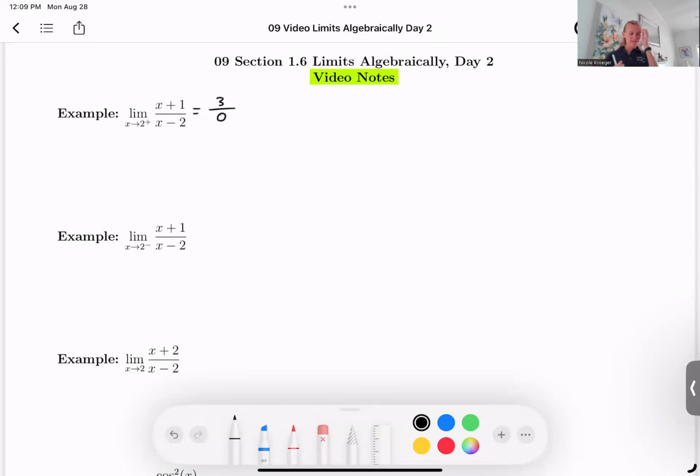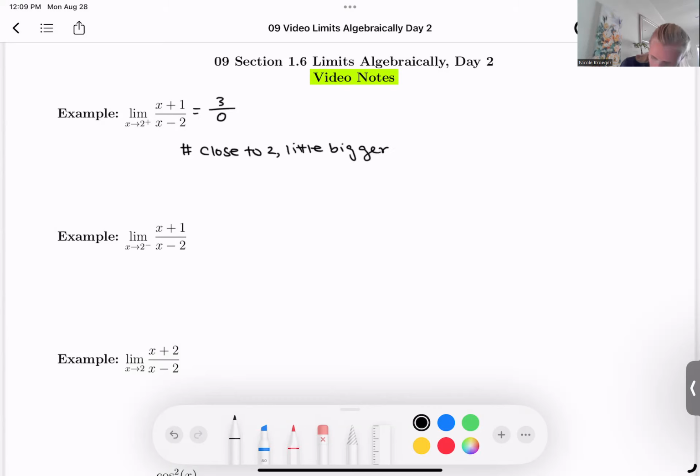So what we're going to do in these cases, when we get 0 in the denominator, we can't simplify anything. So we're essentially going to think about looking at a table of values, but we're going to do this in our heads. So let's plug in a number close to 2, but a little bigger because this is a right-hand limit.